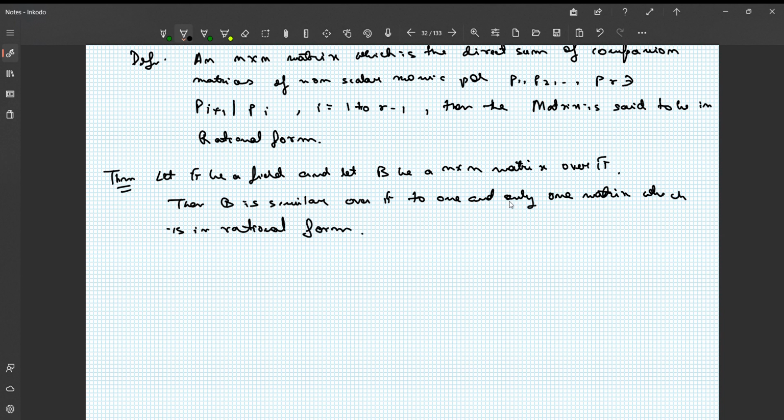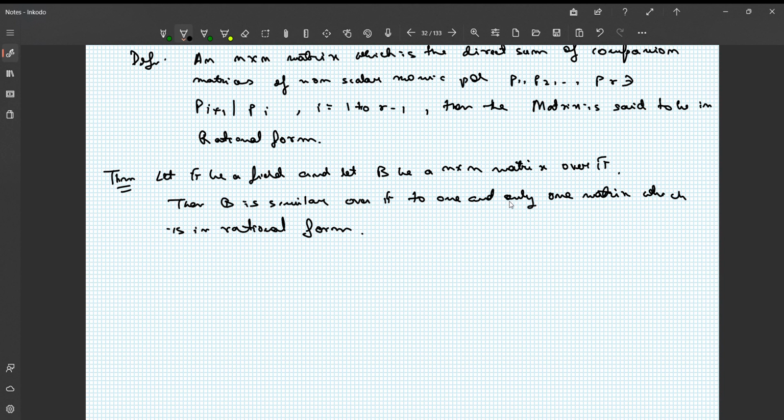Use the above observation: if you consider the linear operator over F^n, let's say B is an n cross n matrix given, and you choose a linear operator over F^n represented by B under a certain ordered basis, then obviously B can be considered to have a representation in rational form.